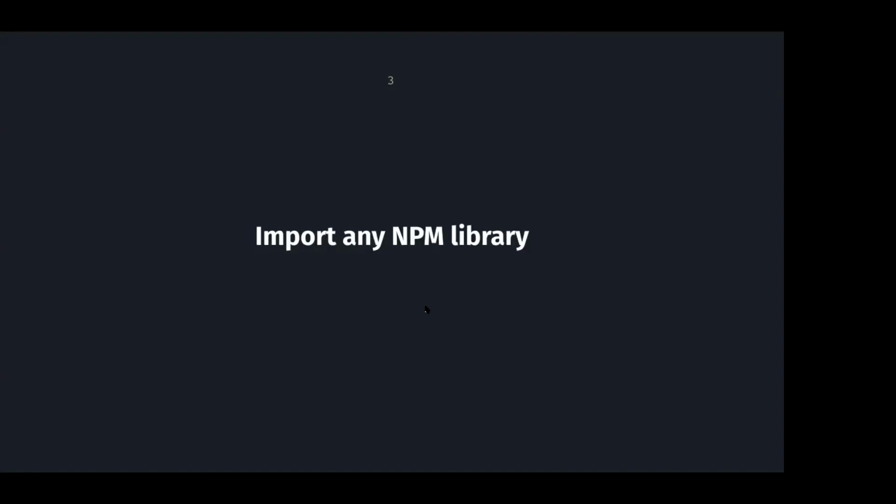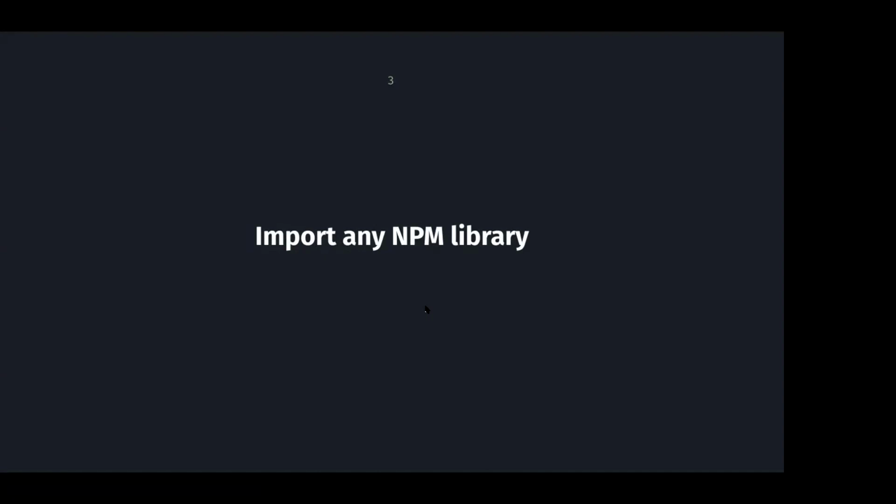The third one was import any NPM library. Today, Appsmith ships with a couple of libraries, notably Lodash and Moment, but we've had requests for people to use other libraries. For example, Moment is now deprecated and no longer being maintained, so we need to replace that with a different library.